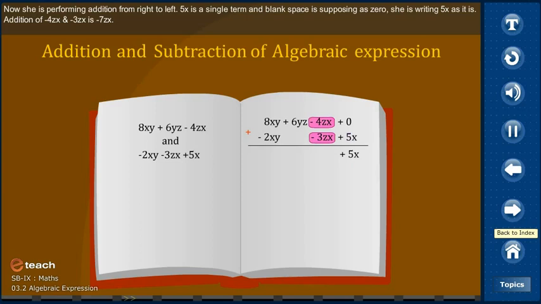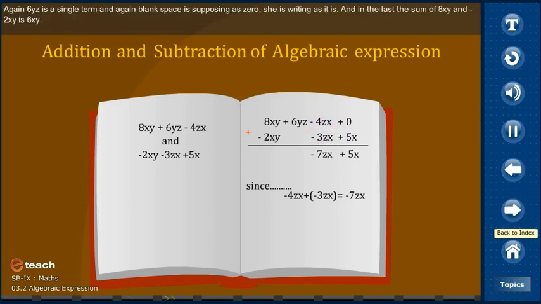Addition of minus 4zx and minus 3zx is minus 7zx. Again 6yz is a single term and again the blank space is supposed as 0. She is writing it as it is. And in the last, the sum of 8xy and minus 2xy is 6xy.